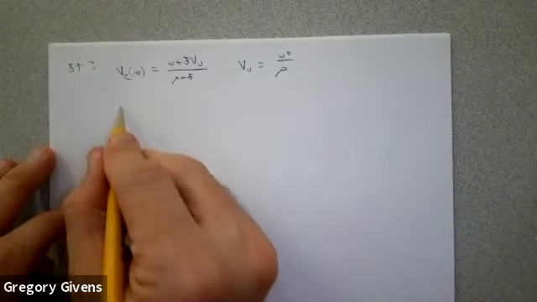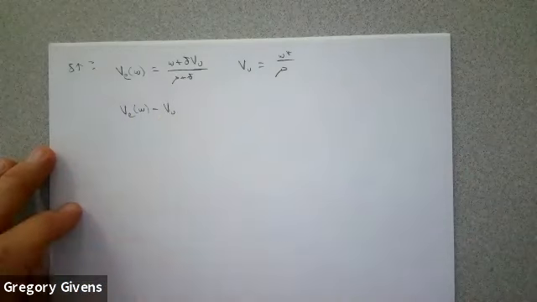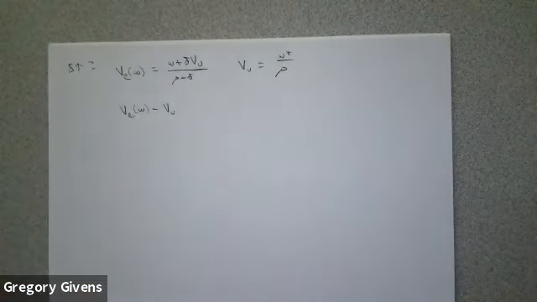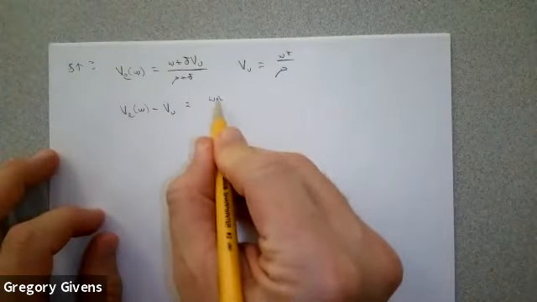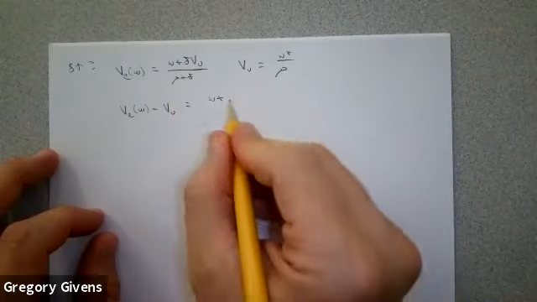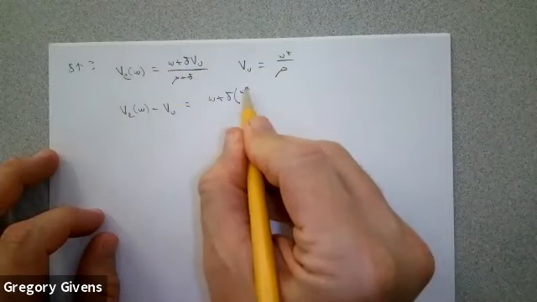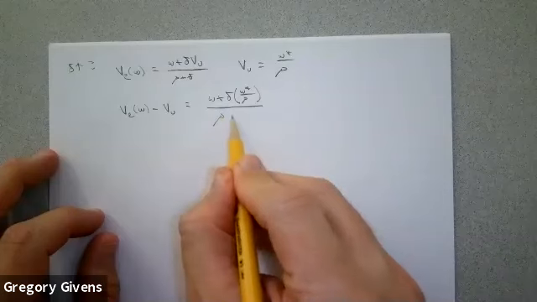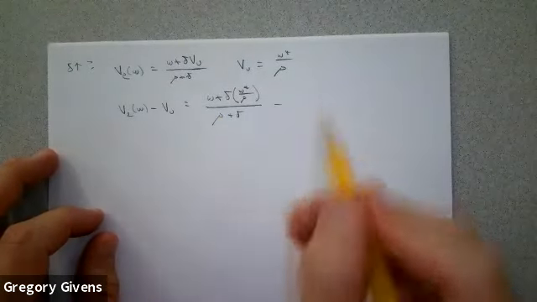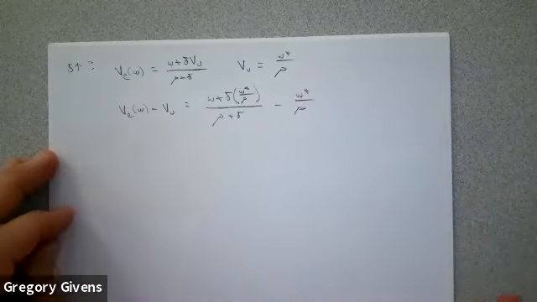What is the gap between these two value functions? In other words, what is the premium that one would expect to earn over one's lifetime relative to unemployment? Well, it would be W plus delta times VU, which is W star divided by rho plus delta, minus W star divided by rho.